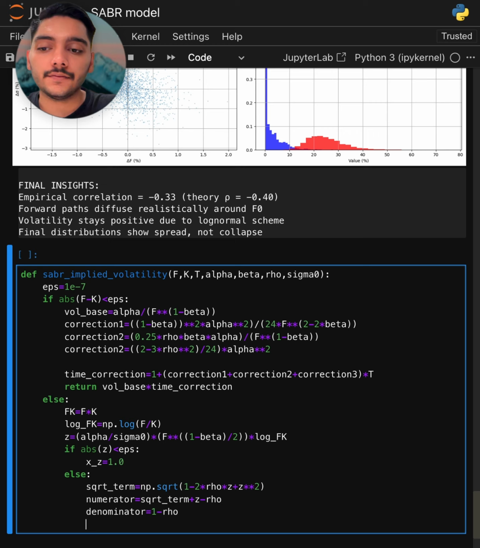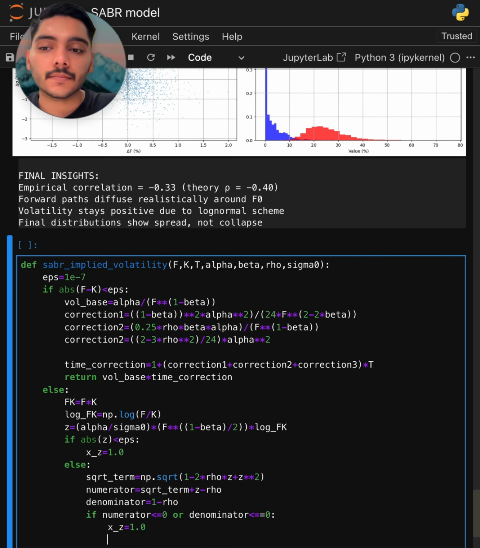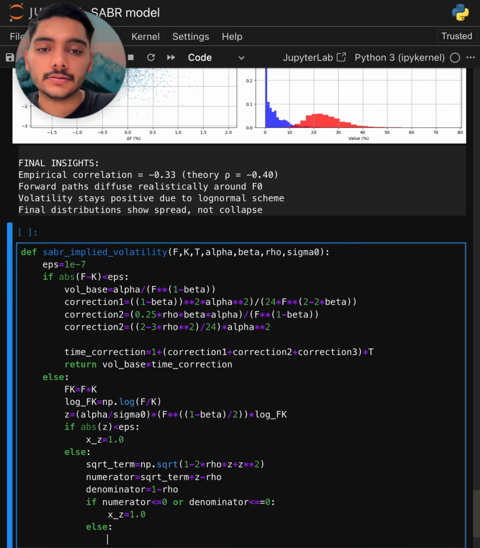If the numerator is less than or equal to 0 or the denominator is less than or equal to 0, then xz will be equal to 1, else xz is equal to np.log of numerator by denominator, by z.